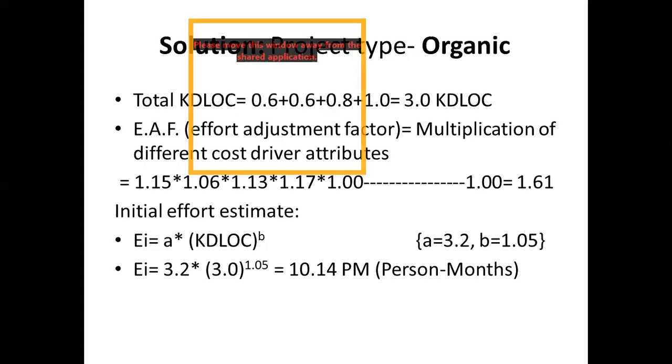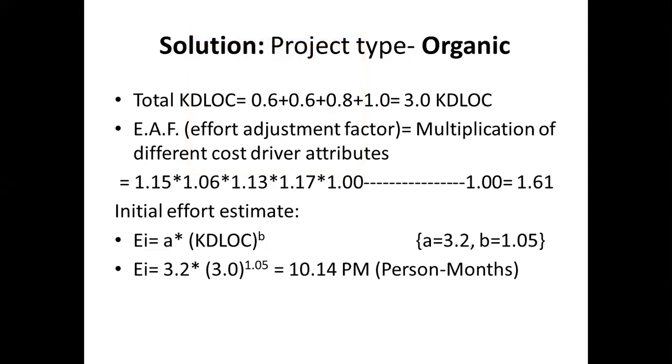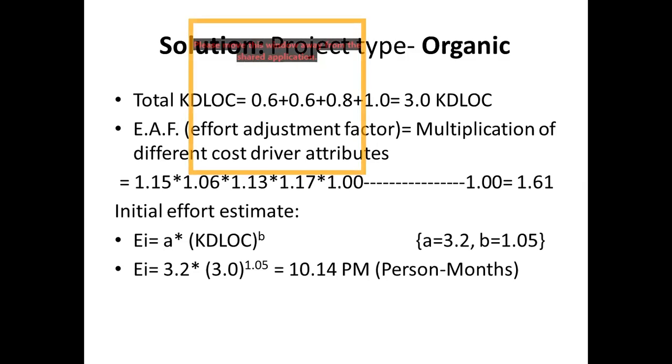Now you can calculate easily the value of the EI, initial effort or initial estimate. Here EI is equal to A into KDLOC to the power B. Now from the table you can choose the values of the constants. From the first table, the table of effort, it is given A is equal to 3.2, B is equal to 1.05. So EI is 3.2 into total KDLOC, which after summation is 3, to the power 1.05.